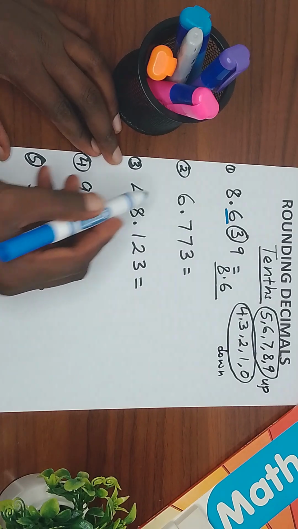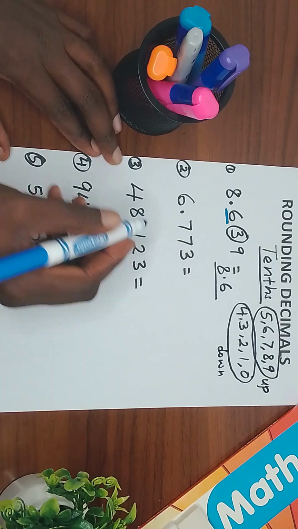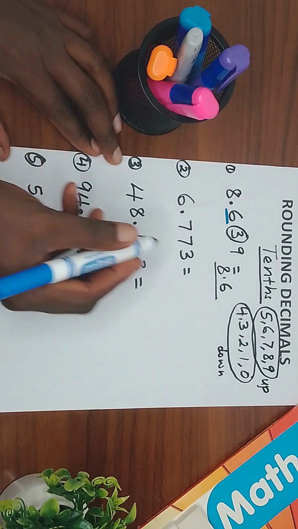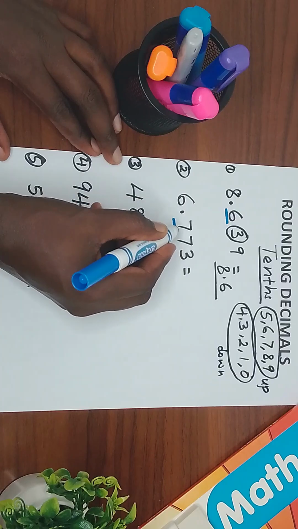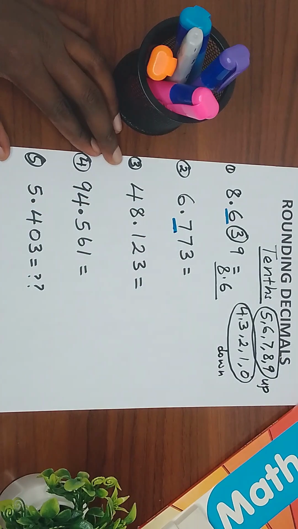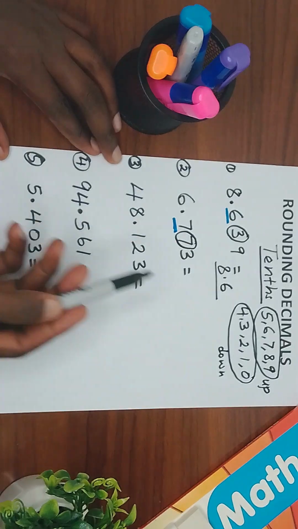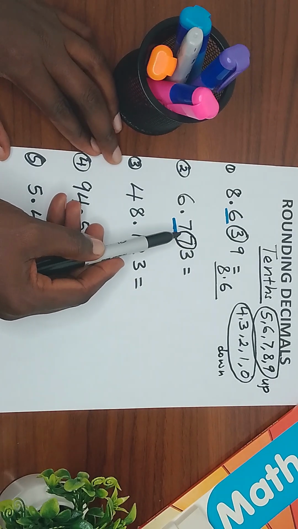In the next example, we have 6.773, and the number in the place value that we are looking for is the first 7 here, which is in the tenths place. And the next number is 7. Now, 7 is going to round this number up to 8.